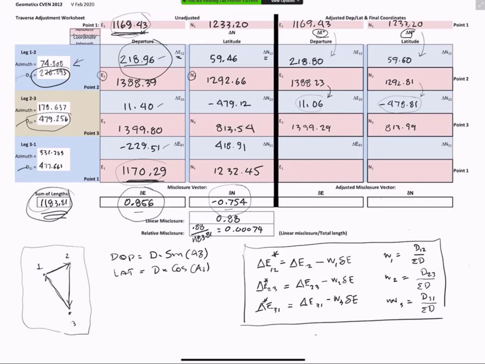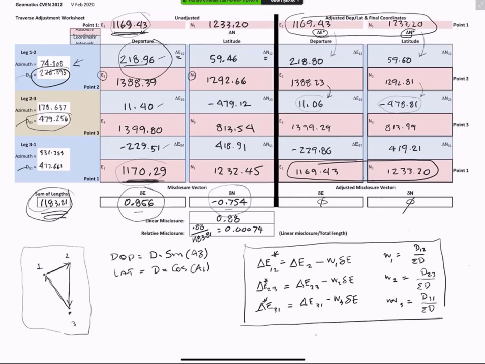And let's do the last step quickly. And now we can see that the final coordinates for point 1 match the initial coordinates for point 1, and we have a 0 misclosure.